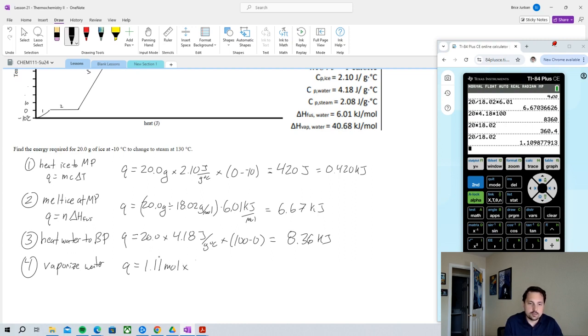This value is much higher. It's 40.68 kilojoules per mole. So the energy that's required to vaporize any substance is always much higher. That gives 45.1 kilojoules.